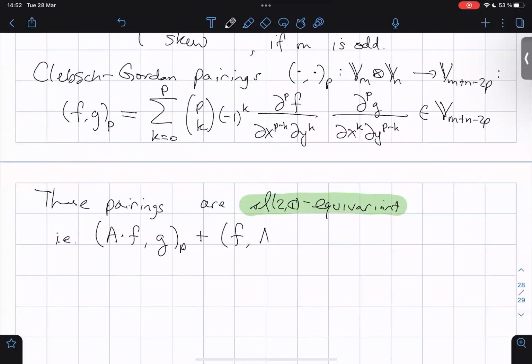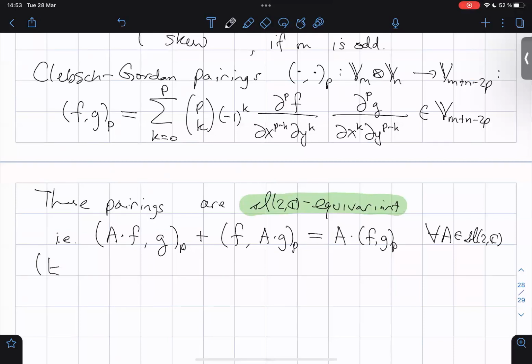And then F, A dot G, take the pairing. Then you have the output result, but the output lands not in the trivial representation here but in, in general, some irreducible representation. So there is an action of SL2. That's what SL2 equivariance means. This kind of looks like a wannabe Leibniz rule, I guess.